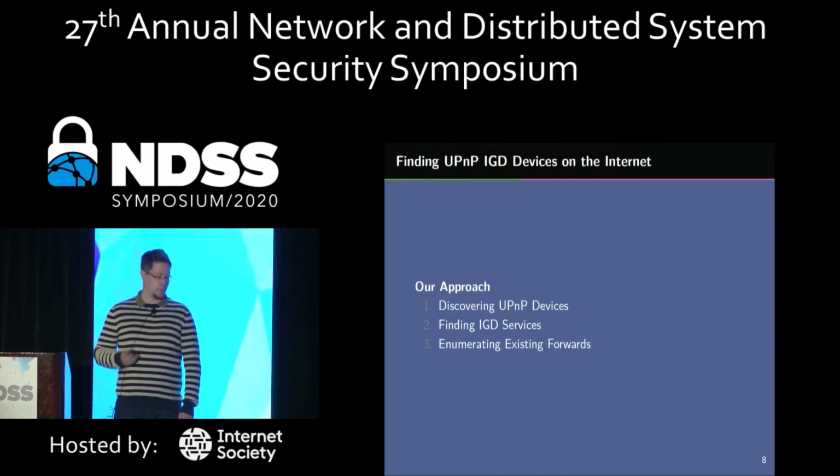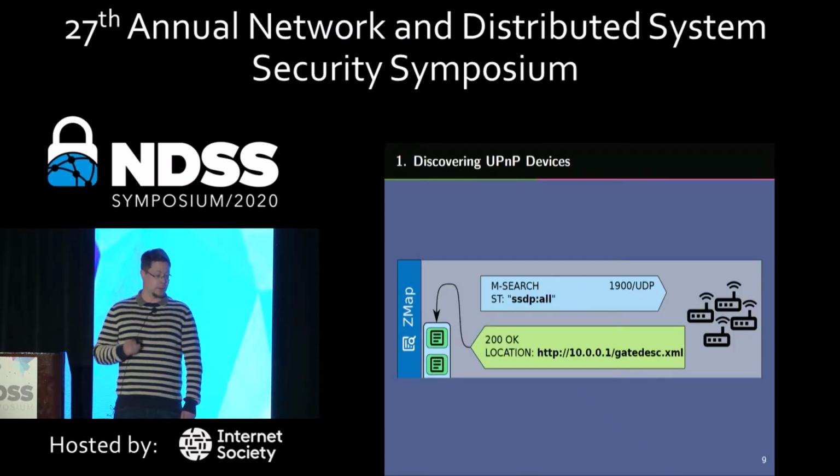First of all, we discover all these exposed devices, followed by filtering out the devices which support the services we are interested in, and then we iterate over all the existing forwards on these gateways. As a first step, we use a modified ZMap on the internet, and the exposed hosts will simply respond over UDP, showing the location where we can find more information about the device.